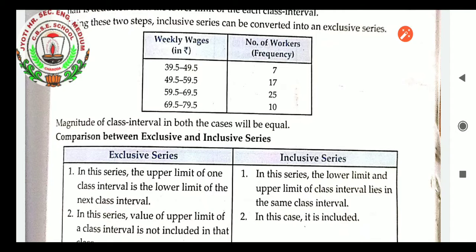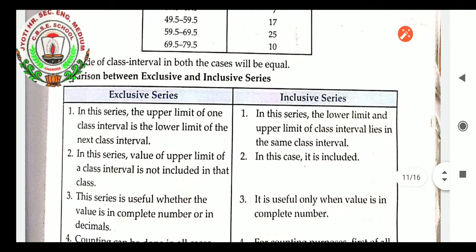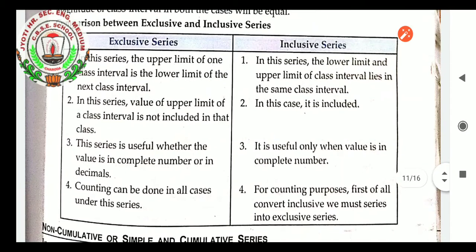Comparison between exclusive and inclusive series. In an exclusive series, the upper limit of one class interval is the lower limit of the next class interval. In an inclusive series, the lower limit and upper limit of a class interval lie in the same class interval. In an exclusive series, the value of the upper limit of a class interval is not included in that class, whereas in an inclusive series it is included.